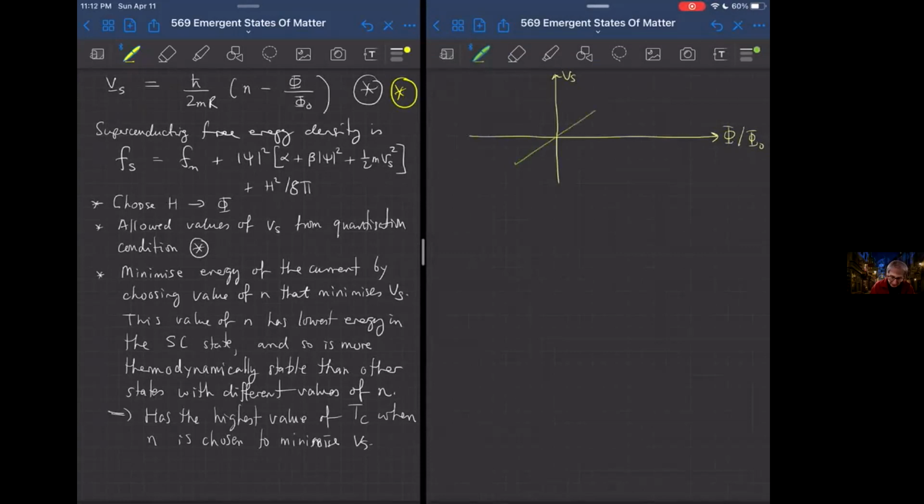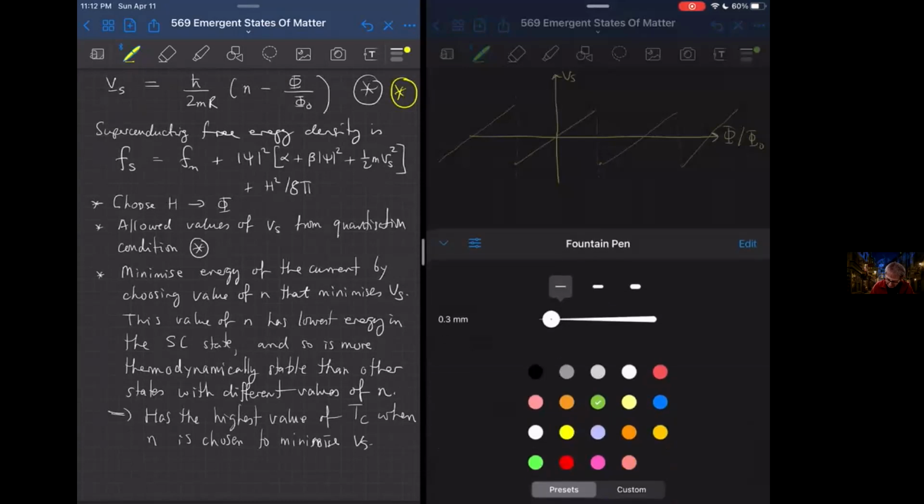But once it gets to this value here, it's better for it to flip back down to this value and then go up like that, and so on. And the same thing over here.